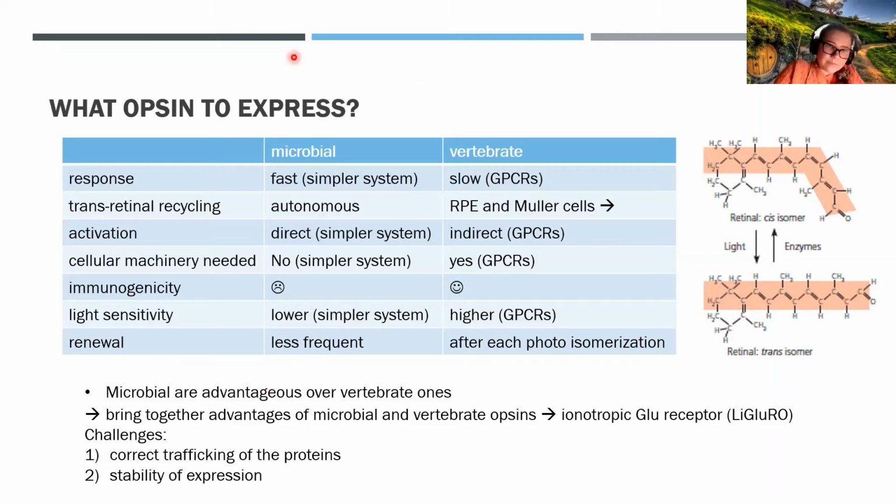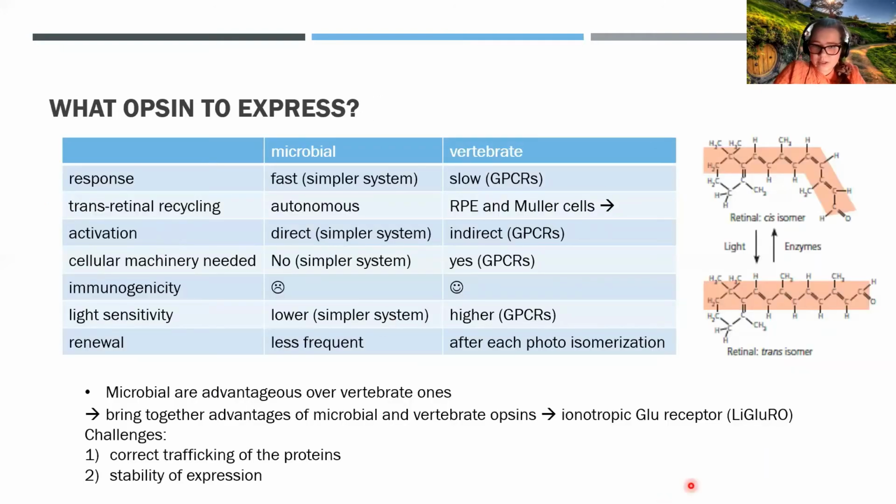Now, a challenge of opsin expression on cells is that the expression should be stable, and the protein should be trafficked correctly on the cells we want to express, because I have read sometimes we want to express the opsin on retinal ganglion cells, but somehow also bipolar cells start to express the opsin, amacrine cells and horizontal cells, whereas we wanted only bipolar cells to become photoswitchable.